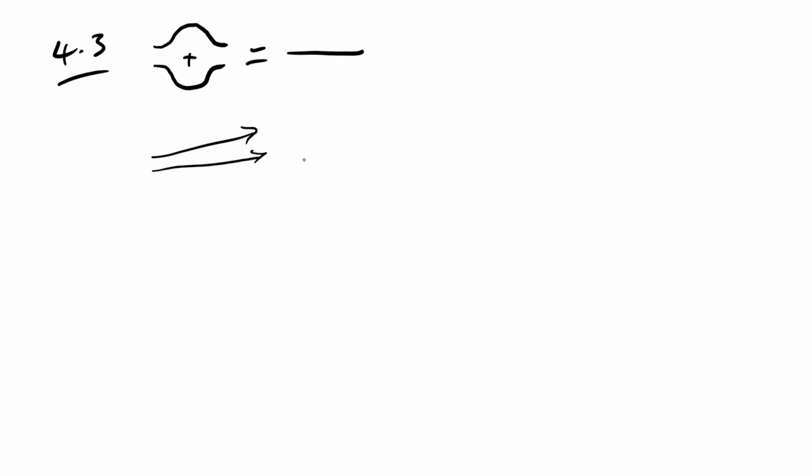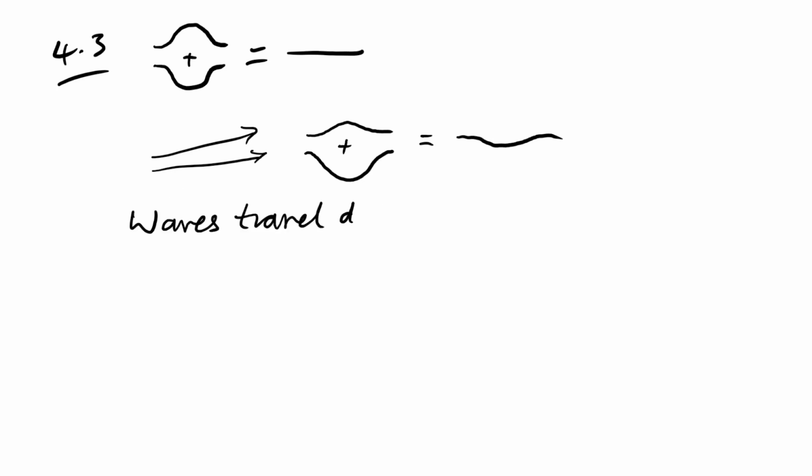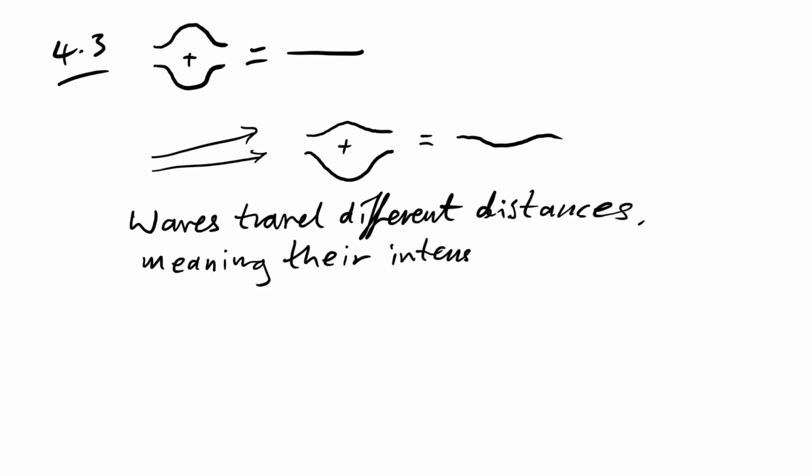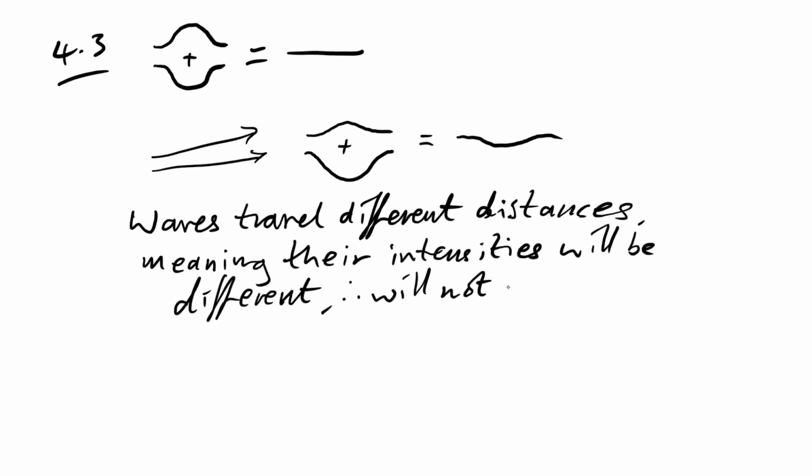So the one that goes a shorter distance is going to have a greater amplitude, and the one that doesn't go as far is going to have a lower amplitude, a lower intensity. If we add those up together, then we are still going to get a bit of a wave being produced when they interfere and reach the screen. So what we can say is that waves travel different distances, meaning their intensities will be different, therefore will not sum to 0 at the minimum.